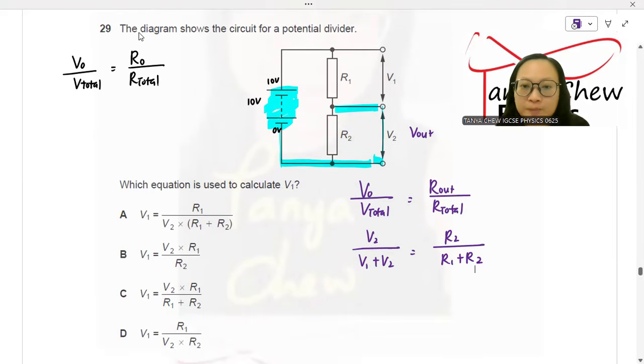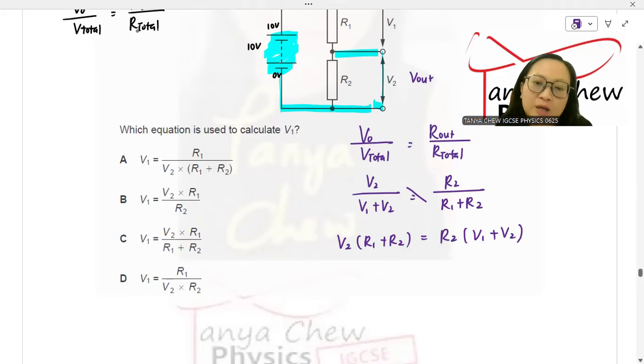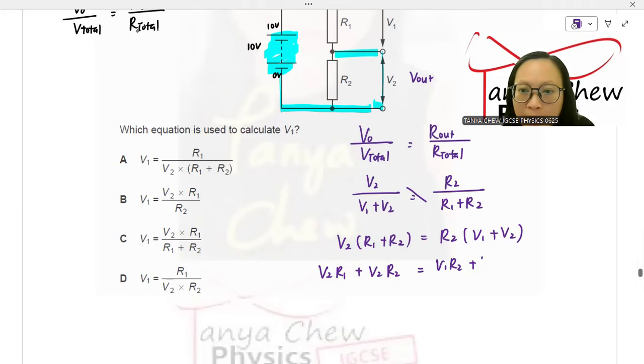Now do your cross multiplication and make V1 the subject. Cross multiply: V2 times (R1 plus R2) is equal to R2 times (V1 plus V2). So I have V2R1 plus V2R2 is equal to V1R2 plus V2R2.